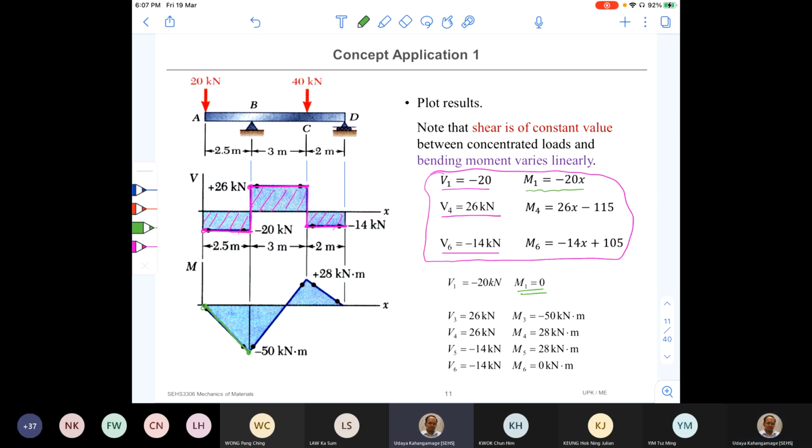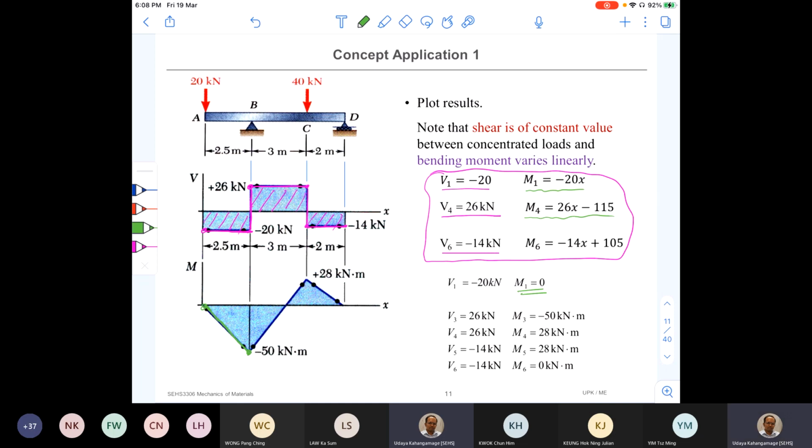Okay. And from B to C, this is the equation. So there, when x is equal to 2.5, you can do the calculation and find out the value of that one. That value is equal to, again, negative 50.